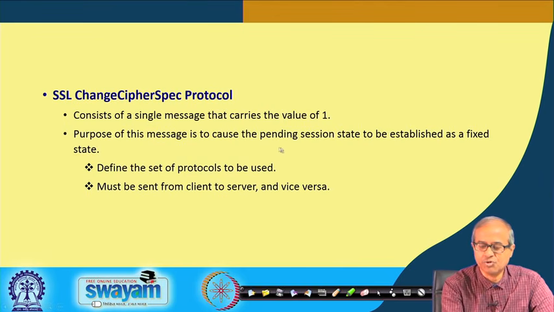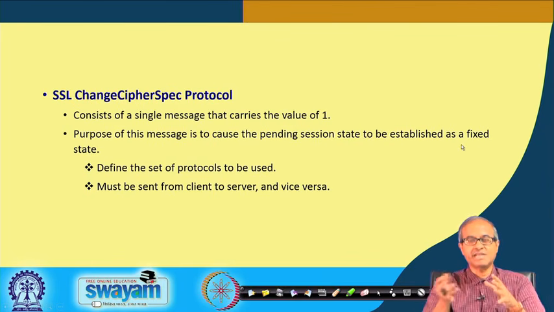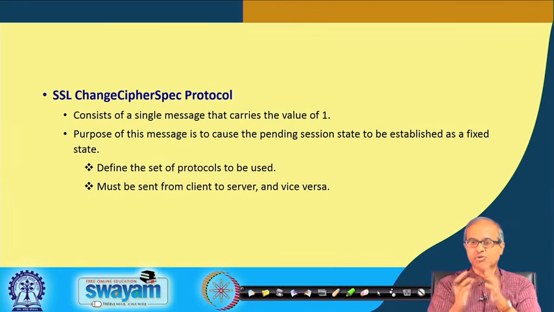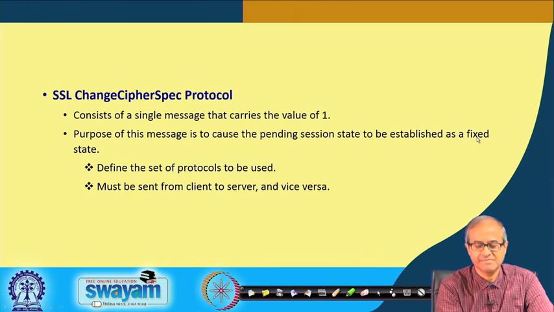The purpose of this message is to cause the pending session state to be established as a fixed state. That means you can say I want to use AES, I want to use MD5, but whenever you send this change cipher spec message, all these things you have specified will immediately take effect. They will become a fixed state. They will define the set of protocols to be used subsequently.